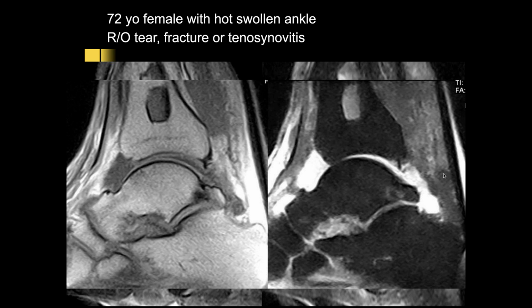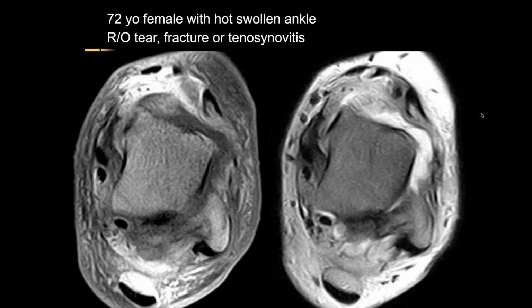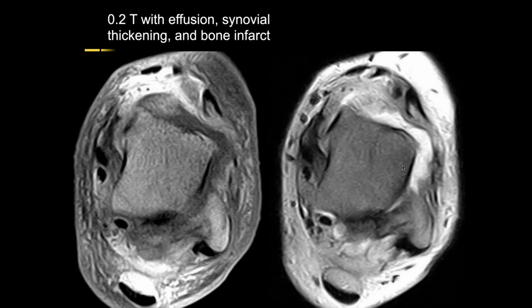She also has a large tibiotalar joint effusion. And then here we can see that joint effusion and that soft tissue thickening along the lateral ankle. To me, this doesn't point to effusion and bone infarct.